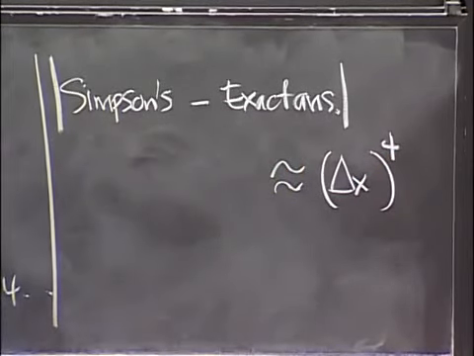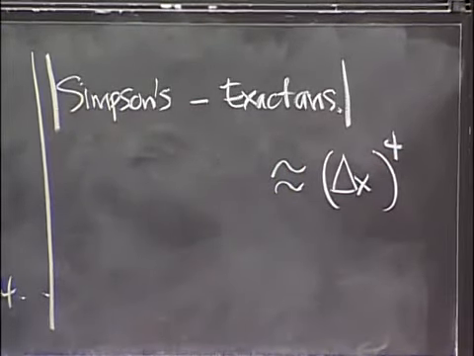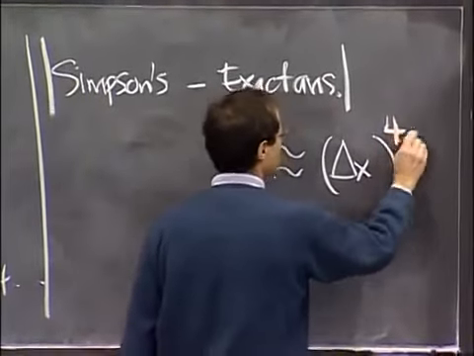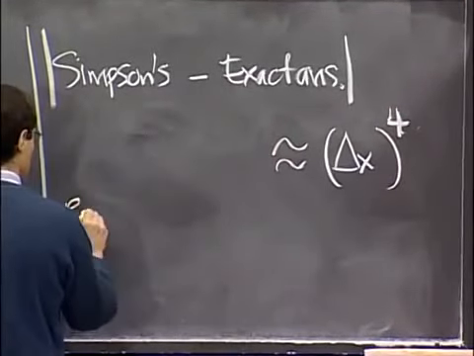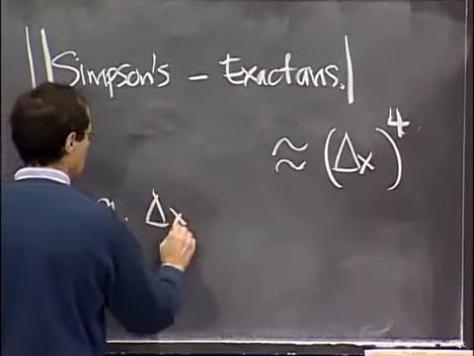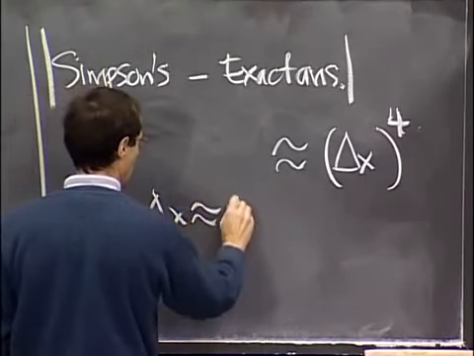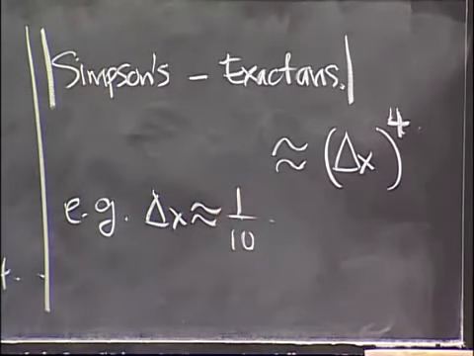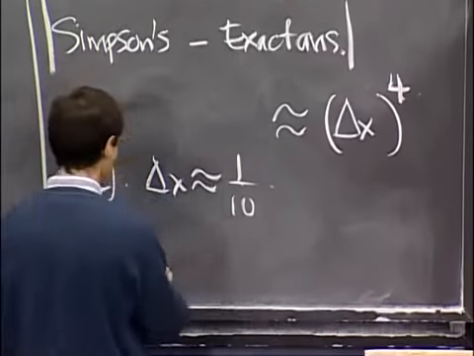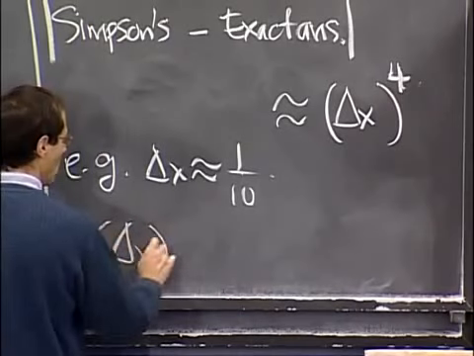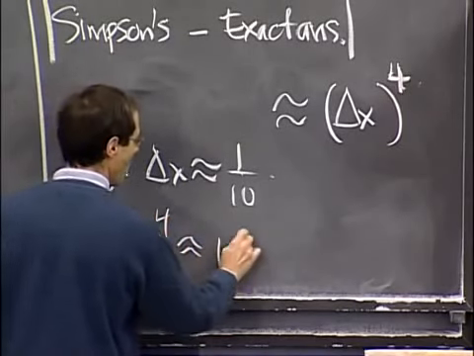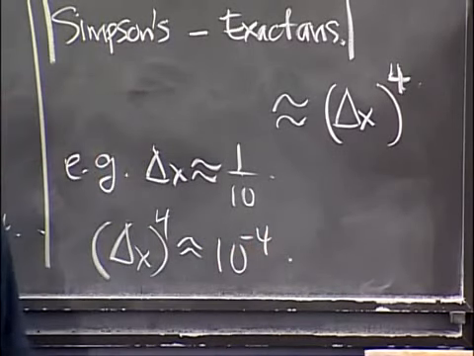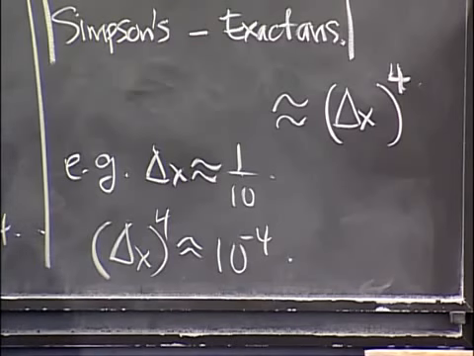That's really the way it behaves, which means that if delta x is about a tenth, so if we had divided this up into 10 intervals, which we didn't, then you could expect that the error would be about 10 to the minus 4th. In other words, 4 digits of accuracy here for this thing.